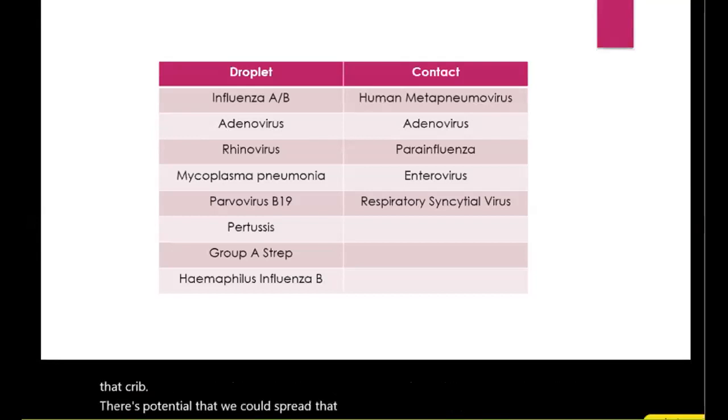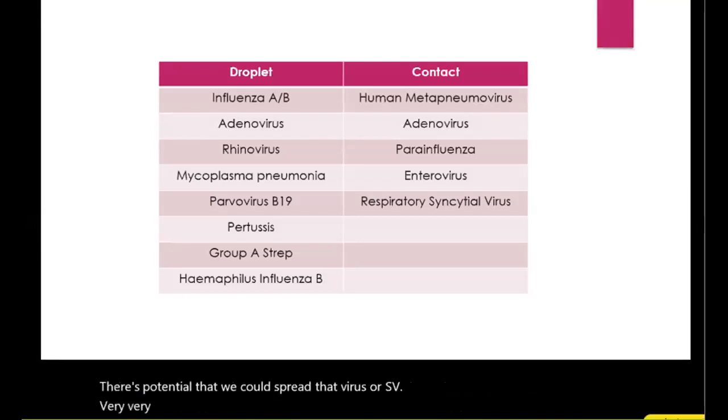RSV, very, very contagious, lives like for 18 hours on surfaces. It's spread through contact transmission. Very important that we wear a gown on top of our gloves, of course, in those rooms.